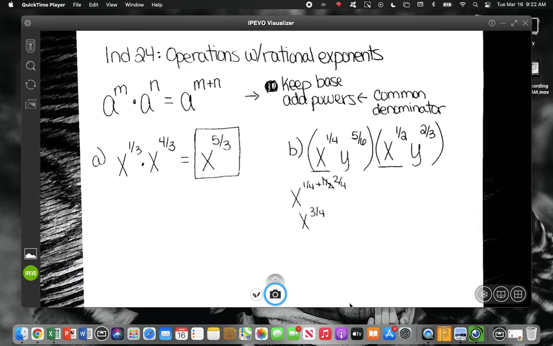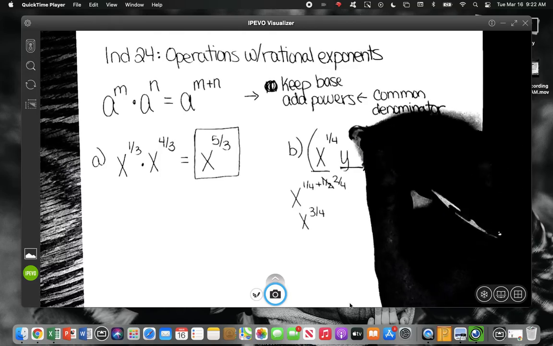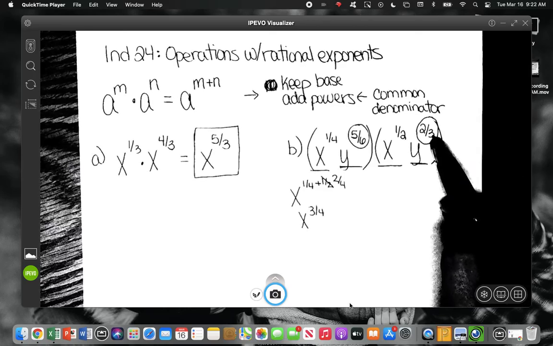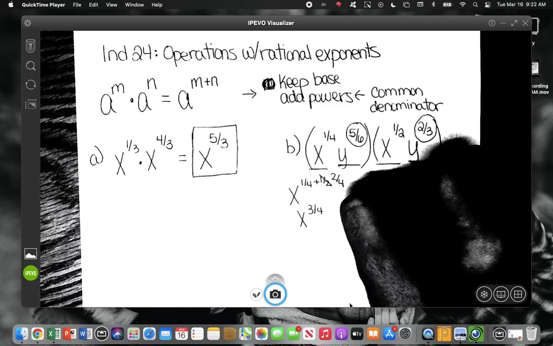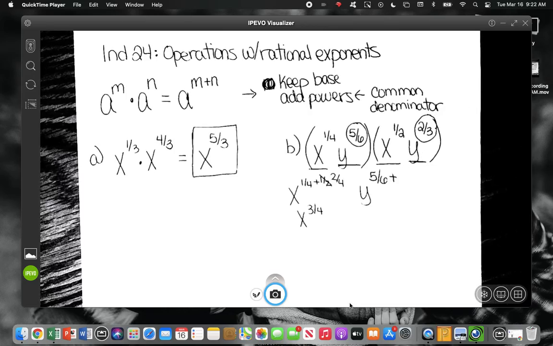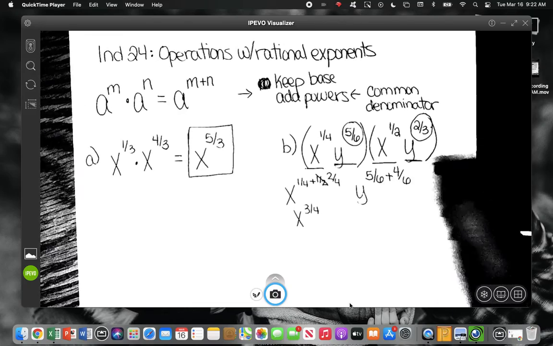That's the first part. Now for y's, we have 5/6 and we have 2/3. Are those common denominators? No. One has a denominator of 6, one has a denominator of 3. What would the common denominator be there? 6. So this one we would have y to the 5/6. Now, what would 2/3 be? 2/3 would be how many sixths? 4/6.